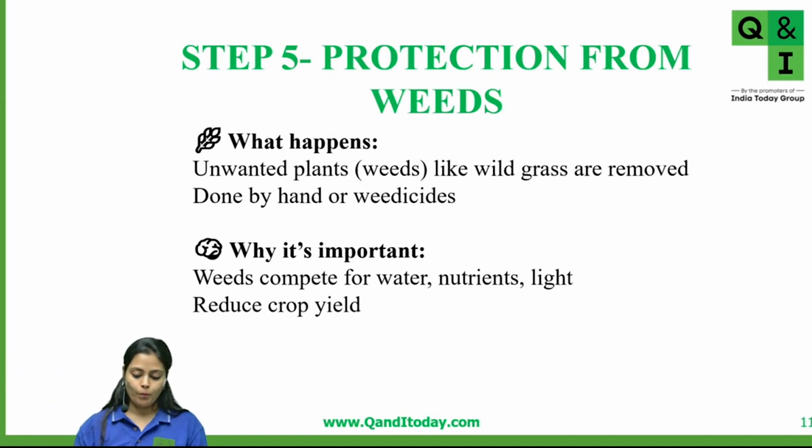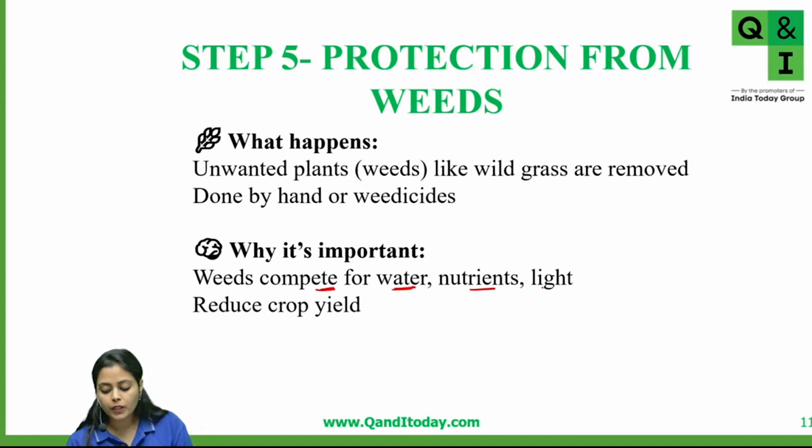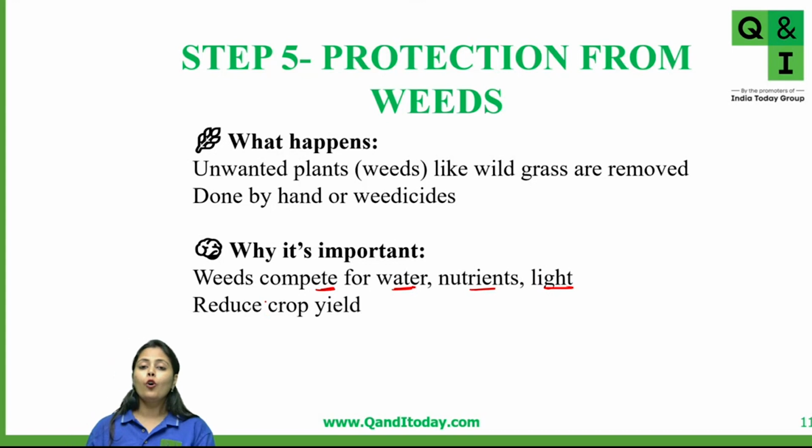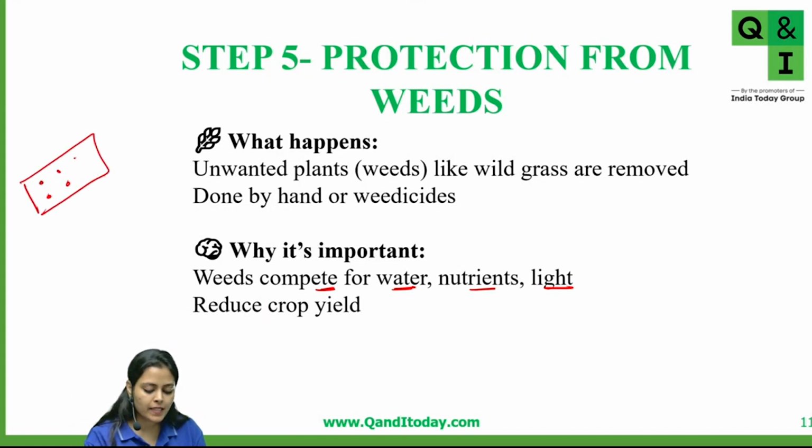Now, why do weeds have to be removed from the field? They compete for water, nutrients, and light. See, you have this field. In the field, let's say 6 plants are growing. This field is sufficient for growing 6 plants, for example. Now, in between, you have certain weeds growing like this. Initially, this particular area had sufficient nutrients to support only 6 plants.